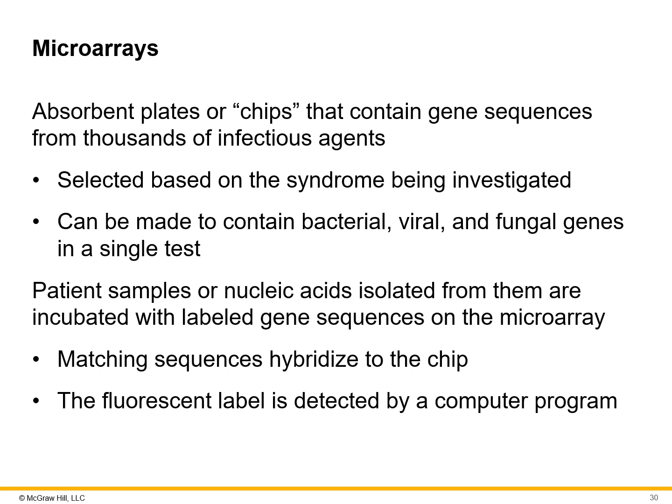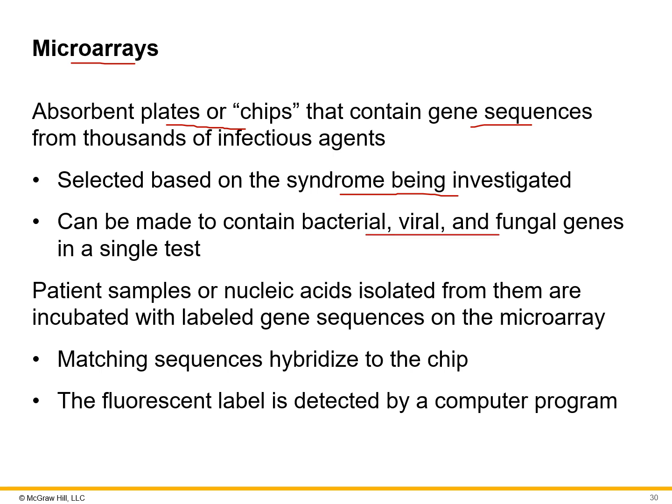Another example is what are referred to as microarrays. So these are plates or chips that have specific gene sequences, and essentially thousands of different infectious agents can be added, and it's selected based on the syndrome being investigated. So again, all the possible players, gene sequences are added, so it can contain bacterial, viral, fungal genes all in one test.